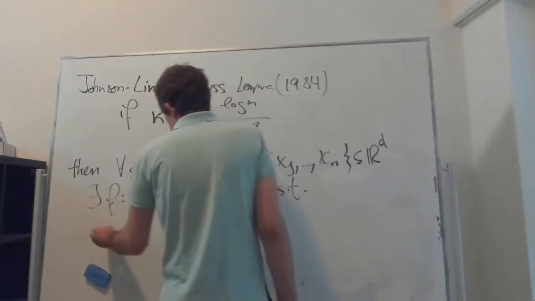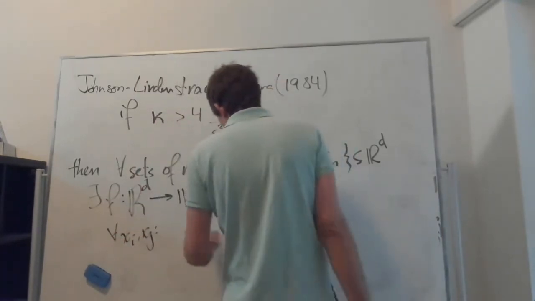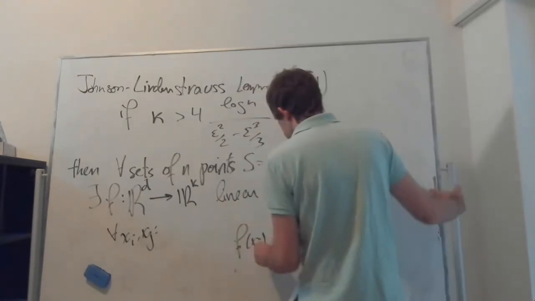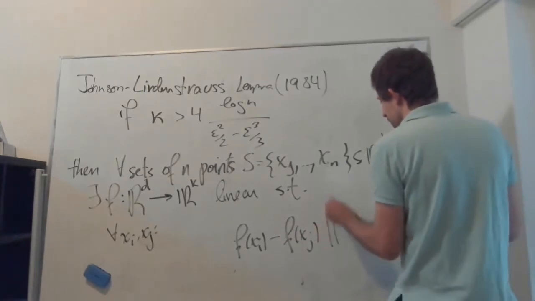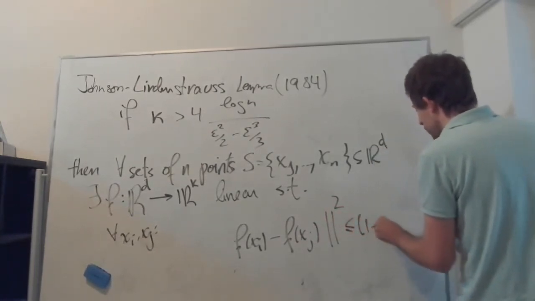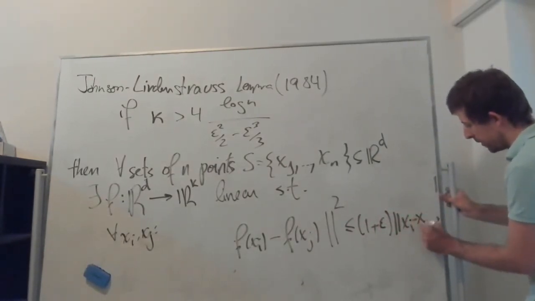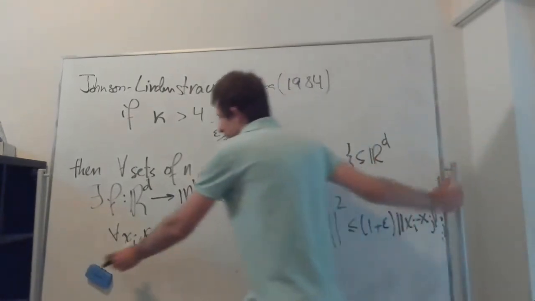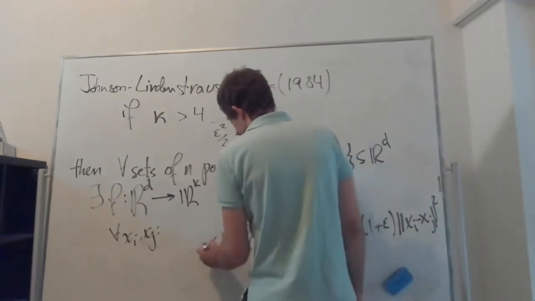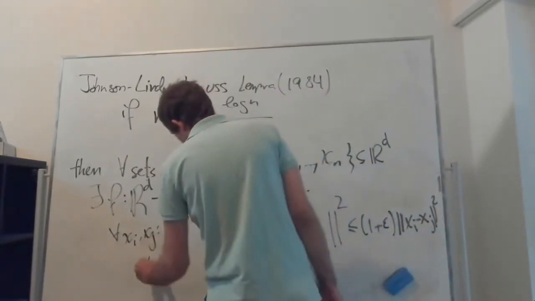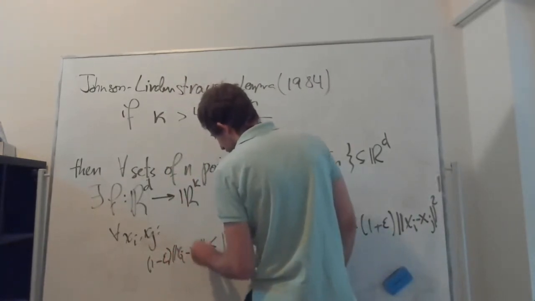So what I mean by this is, such that for all two points xi, xj, we have the following: the L2 norm of F of xi minus F of xj squared is smaller or equal than 1 plus epsilon times the norm of xi minus xj squared, and larger than 1 minus epsilon times the norm of xi minus xj squared.